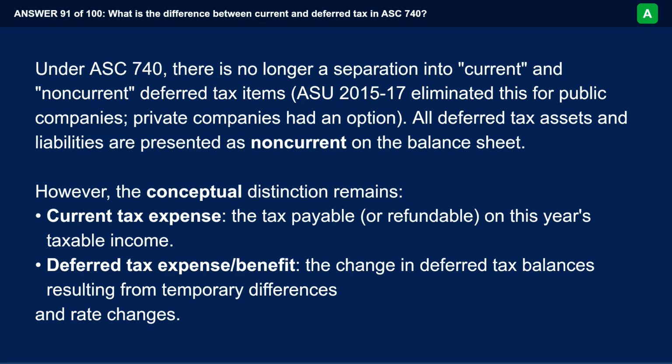All deferred tax assets and liabilities are presented as non-current on the balance sheet. However, the conceptual distinction remains. Current tax expense, the tax payable or refundable on this year's taxable income. Deferred tax expense or benefit, the change in deferred tax balances resulting from temporary differences, and rate changes.